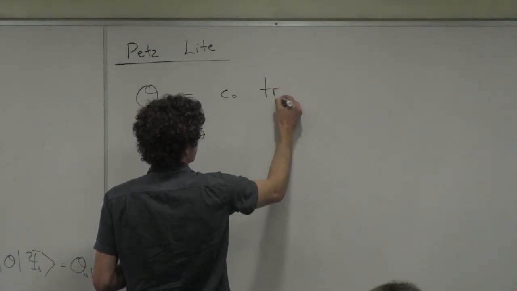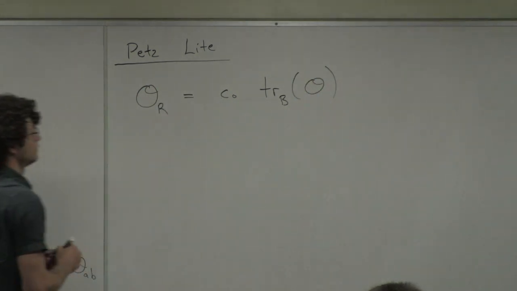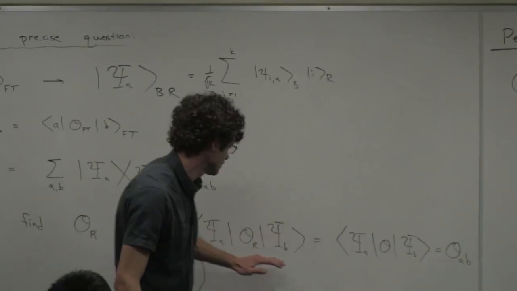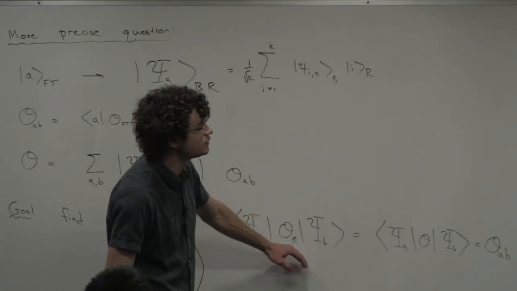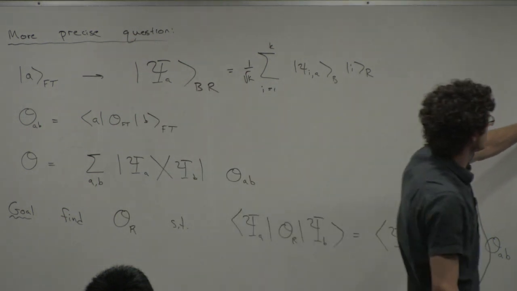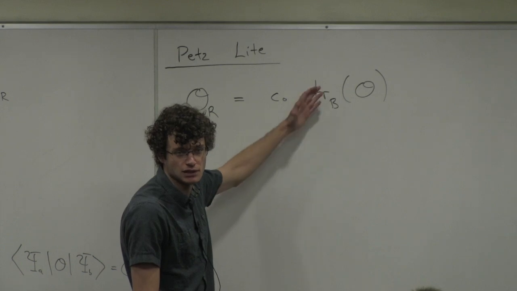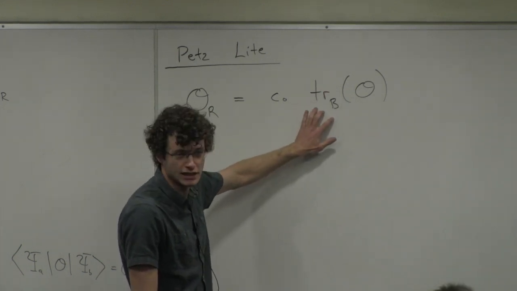So operator O is certainly an operator that would satisfy this property. It doesn't act in system R, though. It acts in R and B. So we can make an operator that acts in system R by just tracing that thing over B. That will certainly be something that acts in R. Very unclear at this point whether it does anything reasonable.